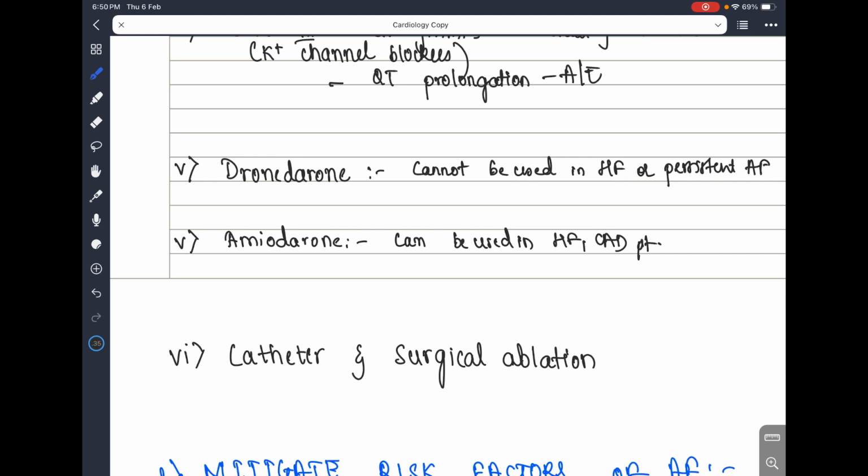The next option is catheter and surgery. So you first gave the patient cardioversion. Then with the cardioversion it was not stabilizing, so you started the patient on antiarrhythmic drugs. Even with that, if it's not controlled, then the option that you have is catheter and surgical ablation. This is the treatment.